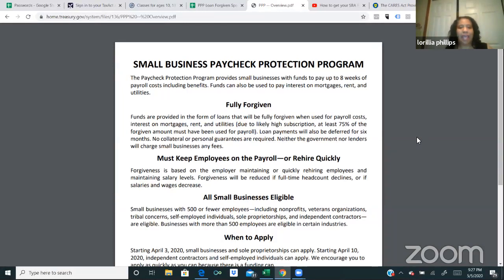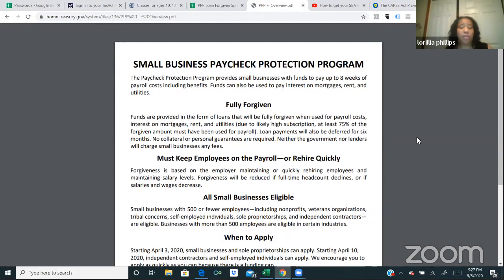If you do not have employees and you're a gig economy person, sole proprietor or solopreneur, whatever you call yourself, your numbers are going to be based on your 2019 Schedule C. And what does that look like if you don't have your accounting up to date? It's not going to look too great.